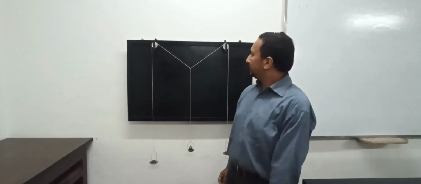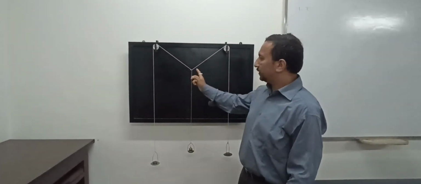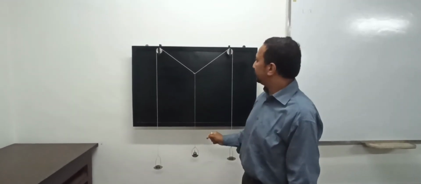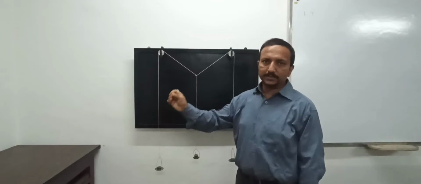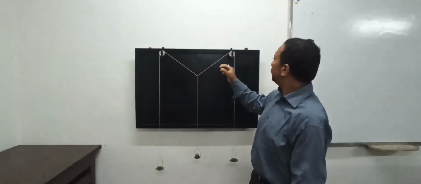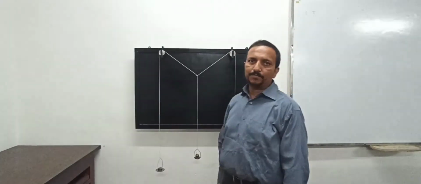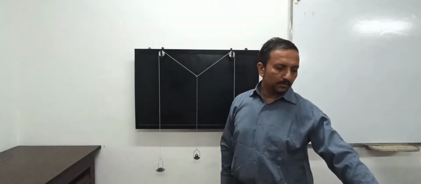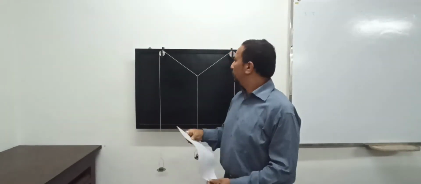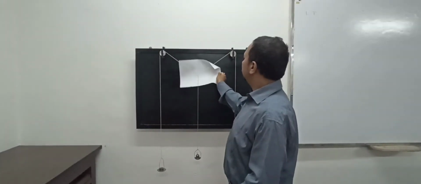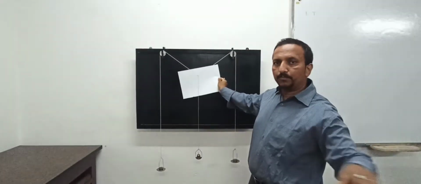So let us see what devices we have. We have three pans connected with almost thin, negligible strings passing through frictionless pulleys. In order to reduce the friction in the pulleys, we shall oil them. Then we shall have a plain sheet of paper, which we shall attach here by means of board pins.